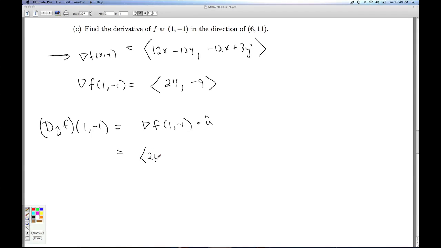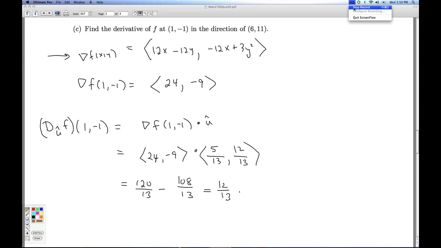That's 24, negative 9, dotted with 5/13, 12/13. So on the top I get 24 times 5, which is 120 13ths. Then subtract 9 times 12, that's minus 108 13ths. And so for my grand total, I get 12/13. And that'll do it for 1C.